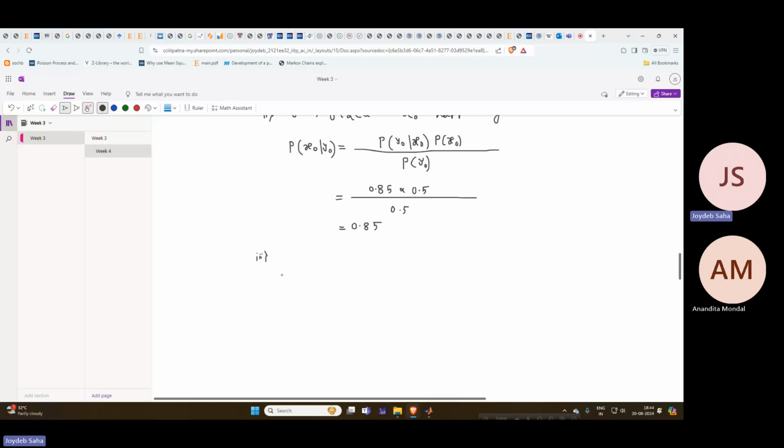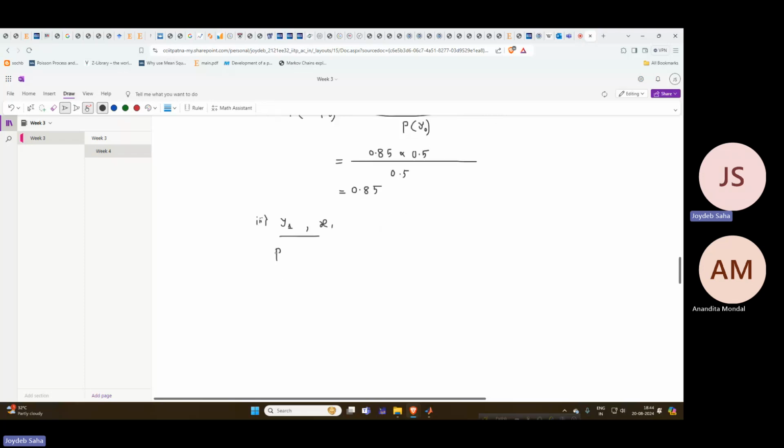We are saying that it is observed that at output we are getting 1. This is fixed. So we need to calculate that what is the probability that input was 1 or input 1 x1. This is the question. Basically we have to calculate that what is the probability that input was 1, x1, condition that output was 1.